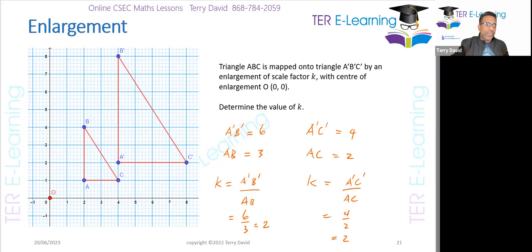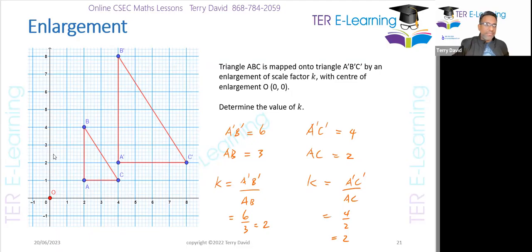I'm just curious though, those of you who said 3, what happened there? See, Elijah says use AB and A prime, B prime. Just be careful how you're finding it.